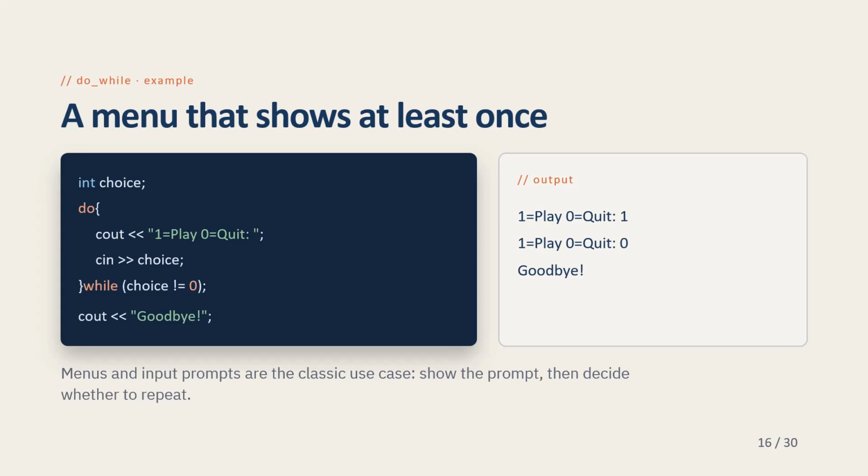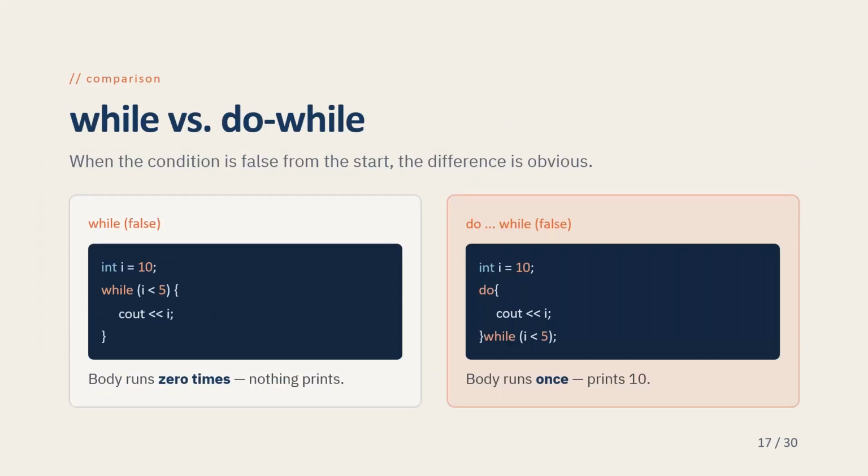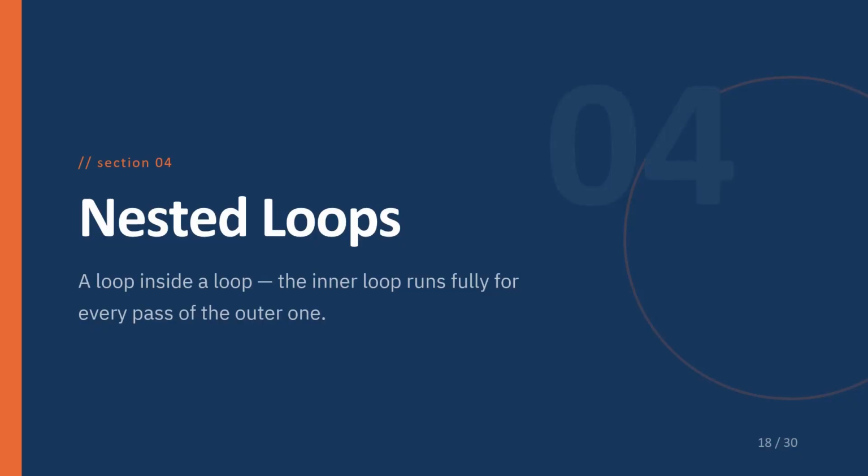The menu appears at least once and the user decides whether to continue or not. Now, a comparison between while and do while. When the condition is false initially, a while loop executes 0 times, whereas a do while still executes once before checking the condition.